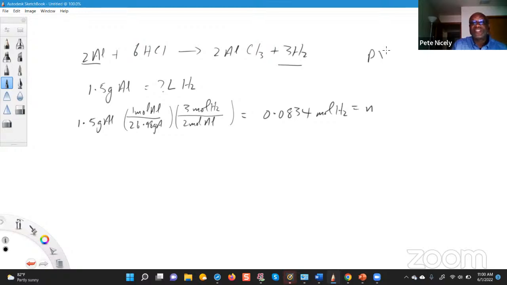Remember, the ideal gas equation is PV equals nRT. Now, what the question is asking for is the volume, and the volume would be equal to nRT over P. We know what n is because we just calculated it. We know what T is because T is given in the question as 22 degrees Celsius.